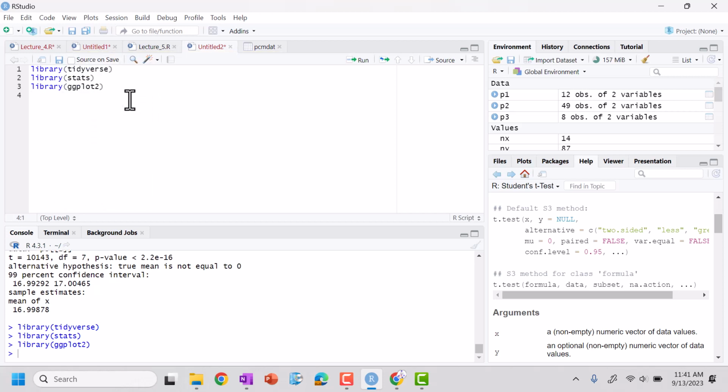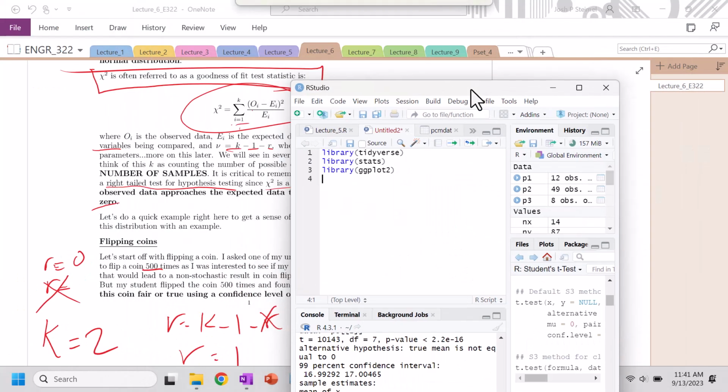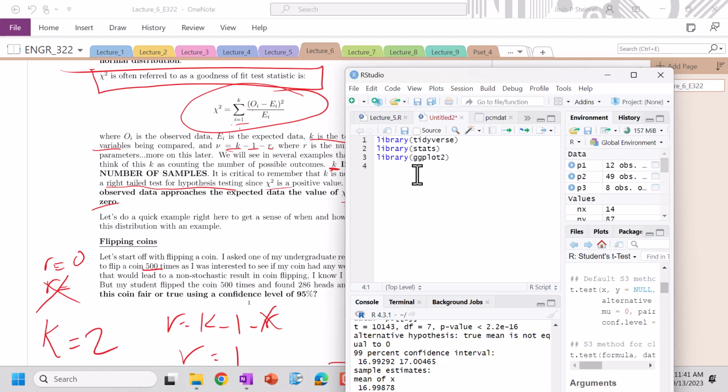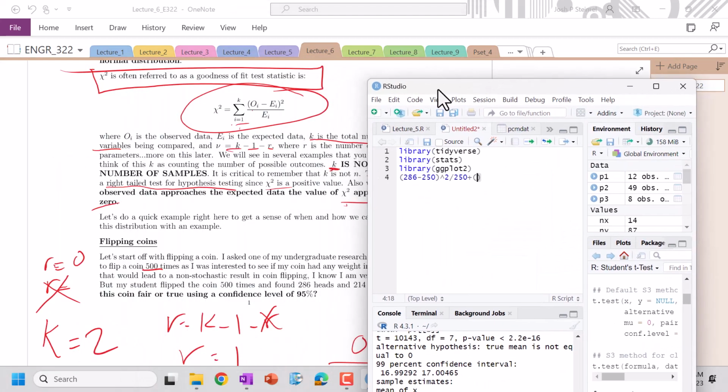All right, so let's go ahead, and I'm going to sum this. So this one's 286 observed minus expected squared divided by 250 plus, was it 214? 214 minus 250 squared divided by 250.